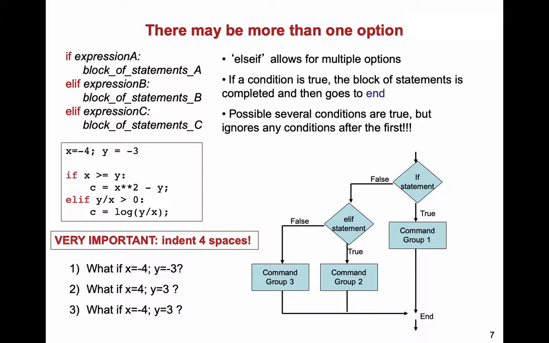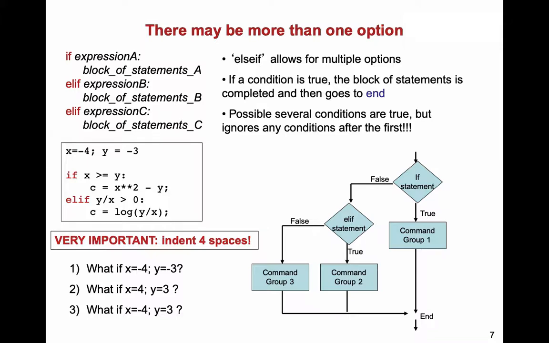However, I could now branch out in my decision making. If the statement is true, I execute a bunch of commands and I'm done. If not, I could go to another statement and see whether it's true and execute something, and if not, execute something else. And frankly, I could keep going. It would be code that is hard to read, but it would work.